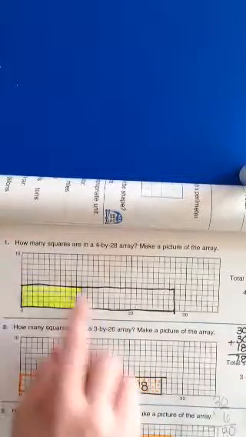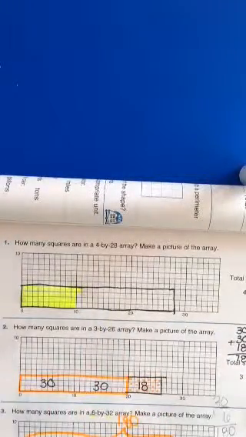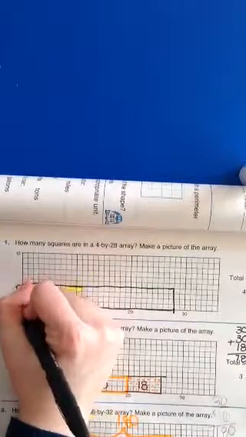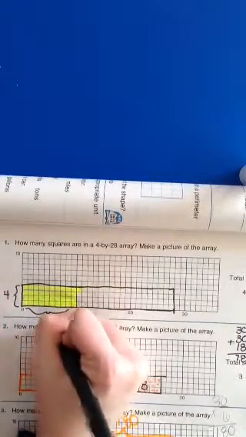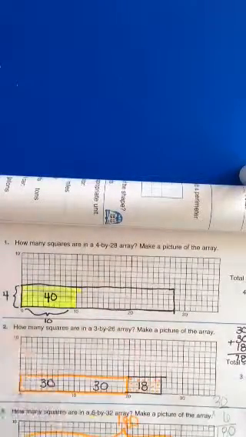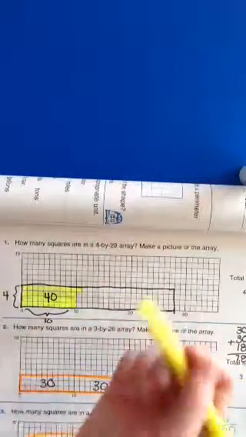So students could either count up to 40 or they could know that 4 by 10 would equal 40. They need to keep going though to add up the total amount in their array.